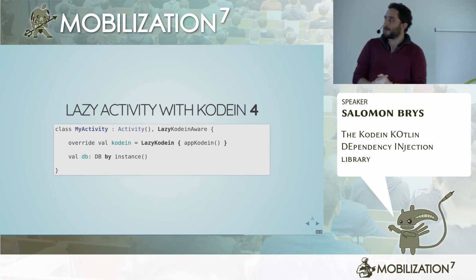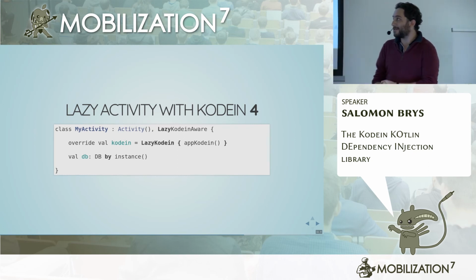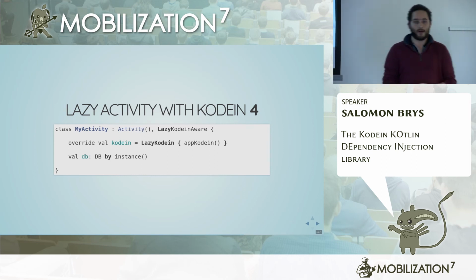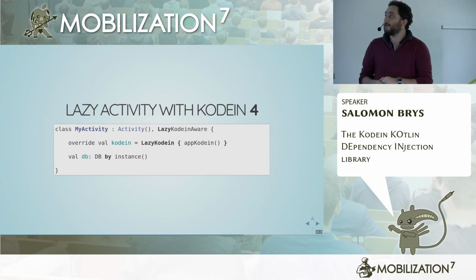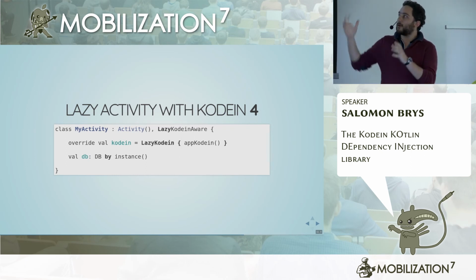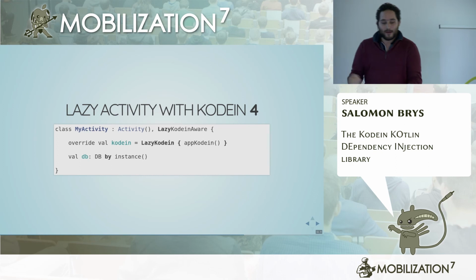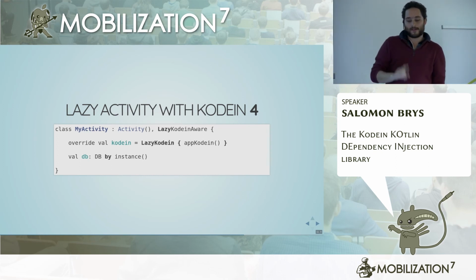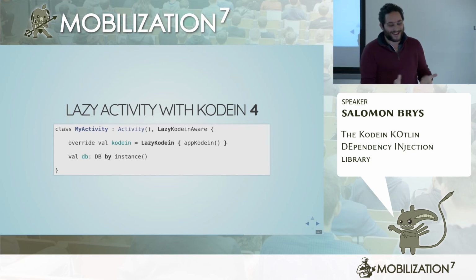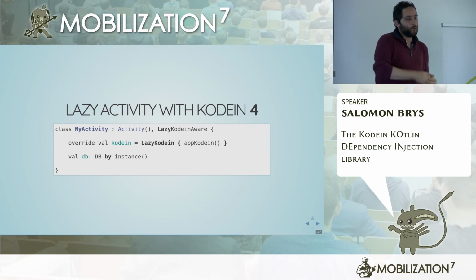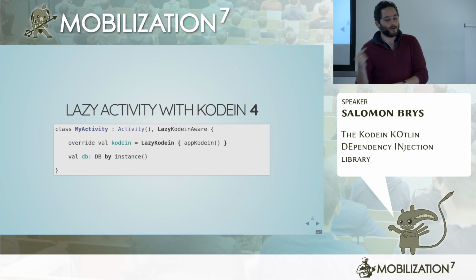Why did we change the equals by the by? It's a Kodein construct. The equals means that the instance function is called directly. The by, this is another instance function. This instance function is called immediately, but it returns a delegate, and these delegates will call the Kodein when needed.